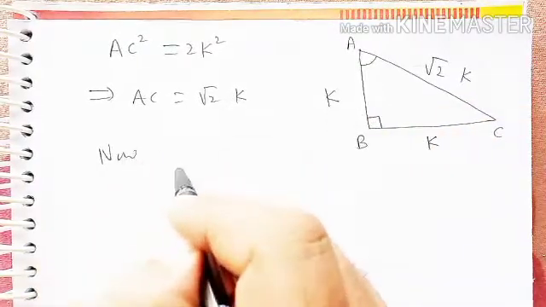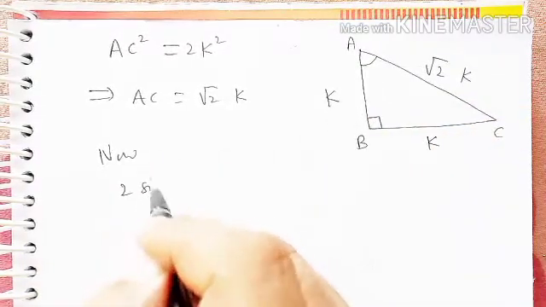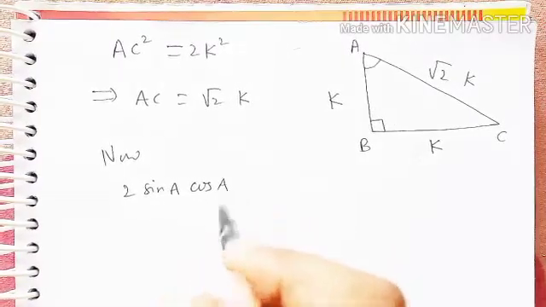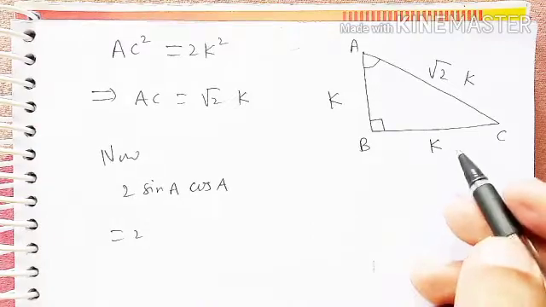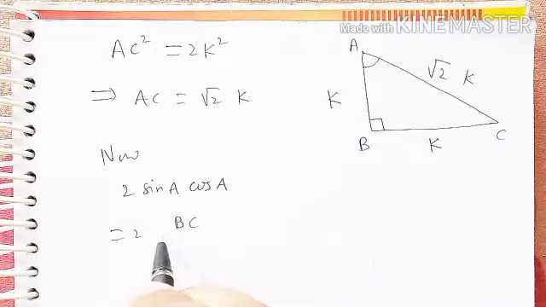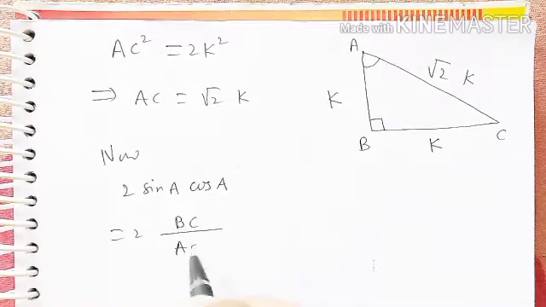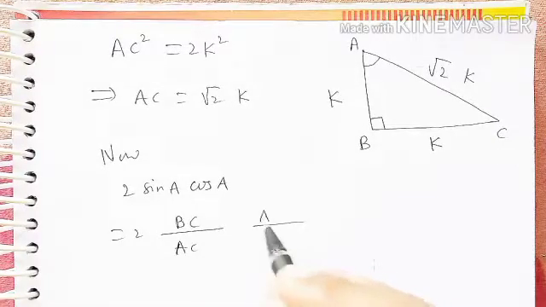Now 2 sin A cos A. So sin A is perpendicular by hypotenuse, and cos A is base by hypotenuse.